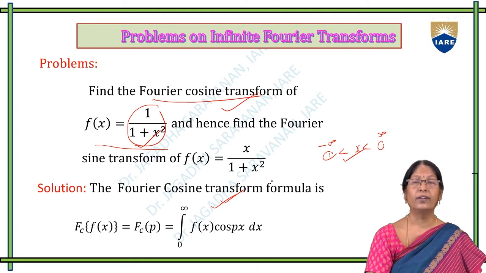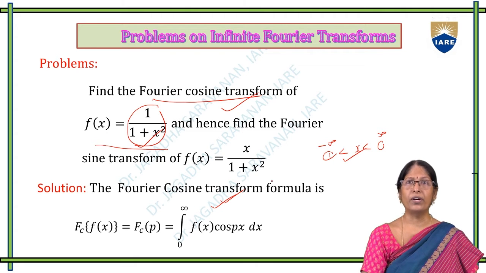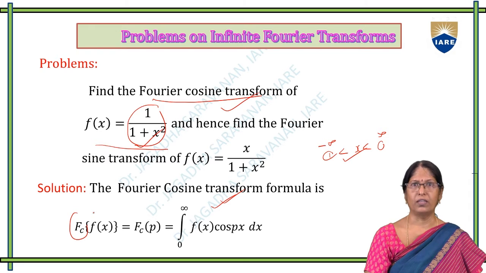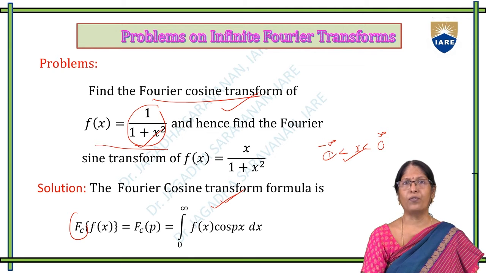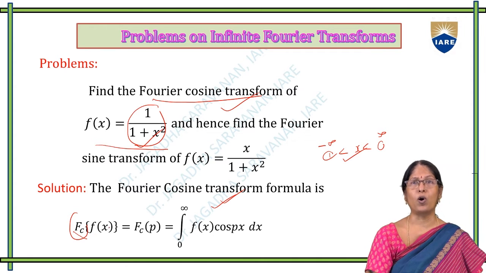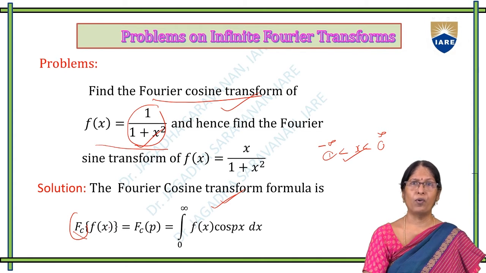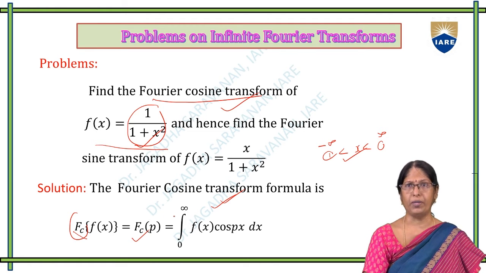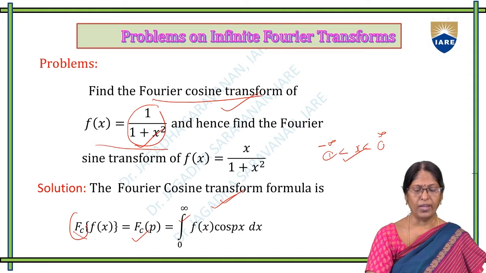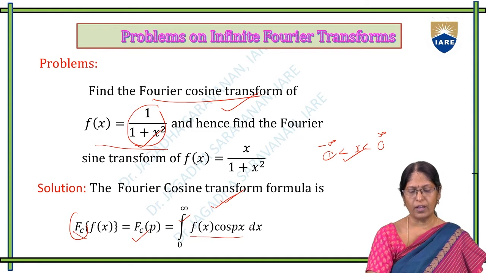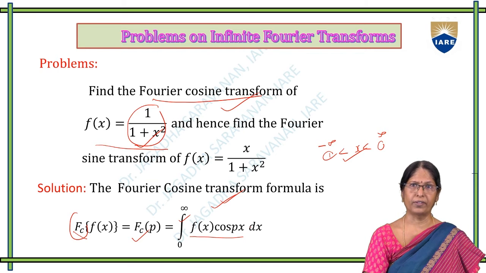So we select the infinite Fourier transform for the cosine. It is capital FC of the function f of x. That is, the Fourier cosine transform of the function f of x, capital FC of p, equals the integral from 0 to infinity of f of x cos px dx.